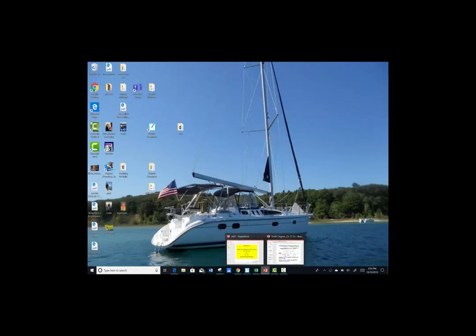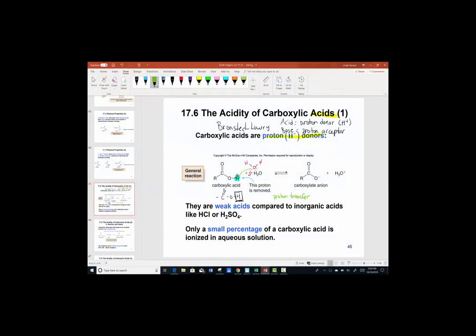The carboxylic acid without its proton is now an anion, a negatively charged ion. That's how I remember that vocabulary word, a negative ion. And I can see the negative charge where the proton once was.